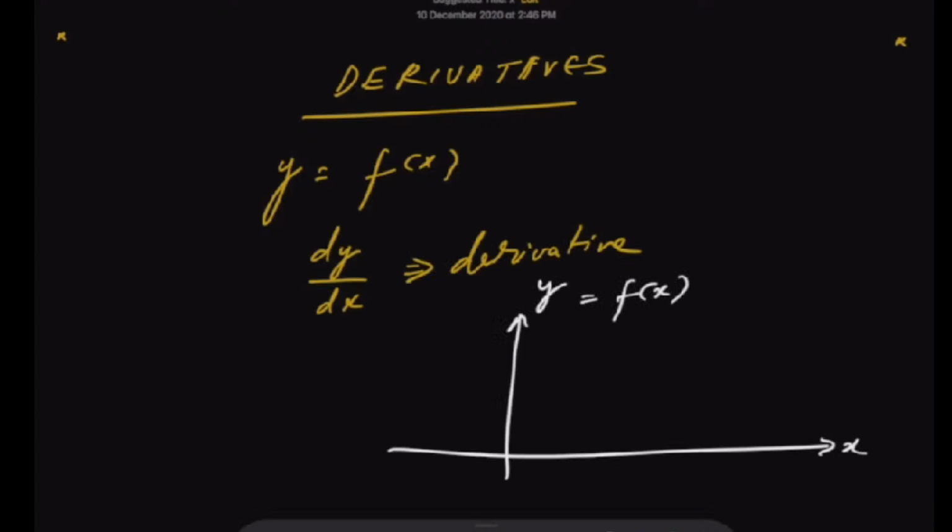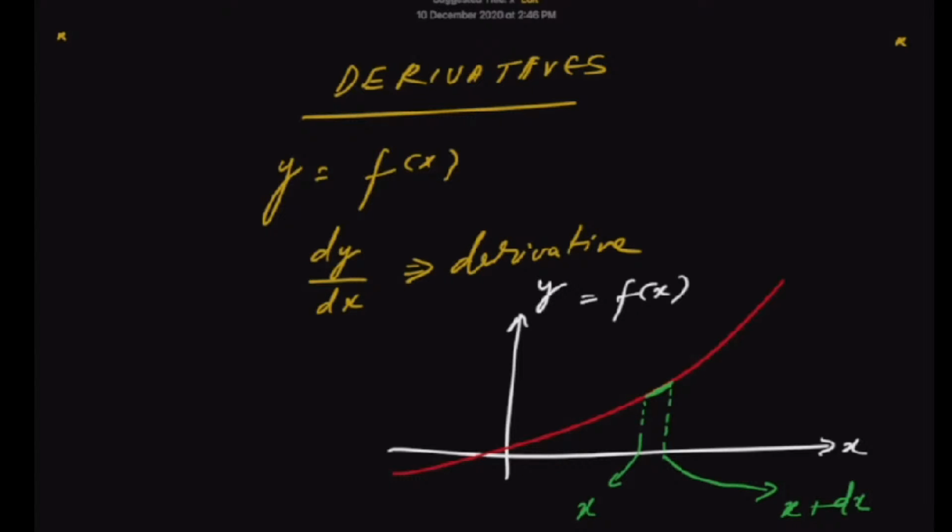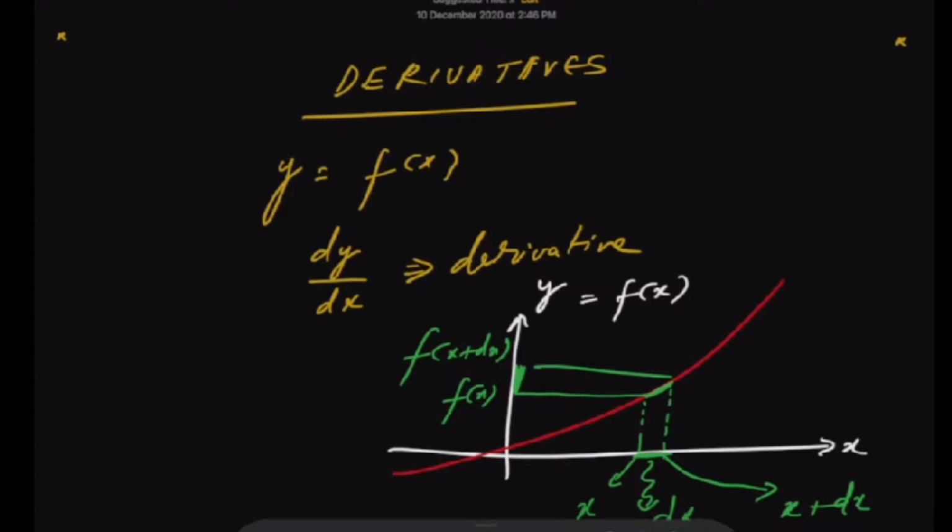So if you take any point and a small increment in x in the neighborhood of that point, this was x, this was x plus dx. So this became your dx, and correspondingly this was f of x and this was f of x plus dx. The difference between f of x plus dx and f of x was dy. So here this was your dx and this was your dy.